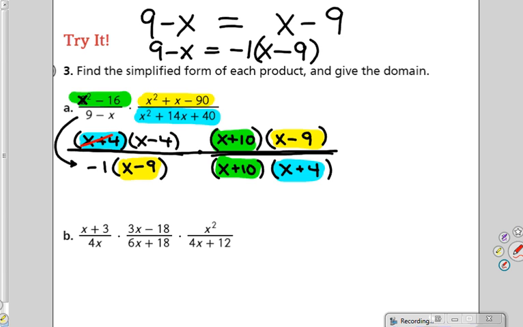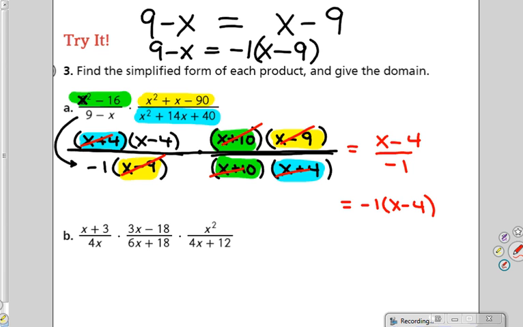So the blue cancels, the green cancels, the yellow cancels, and what's left over? An x minus 4 in the numerator and a negative 1 in the denominator. So if you want to simplify that because it looks a little unfinished, dividing x minus 4 by negative 1 is the same as multiplying x minus 4 times negative 1.